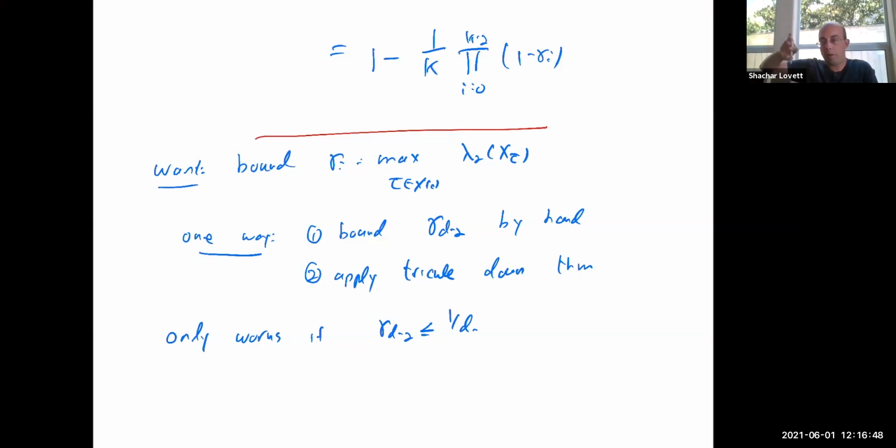So it works really well if the top one is really, really good, and then as you go down, it becomes worse and worse, but not too bad. But it turns out there are many other examples where you get the opposite behavior. The top levels are bad expanders, but as you go down in the complex, you get better and better expansion. This is a very different phenomenon from the trickle-down theorem.